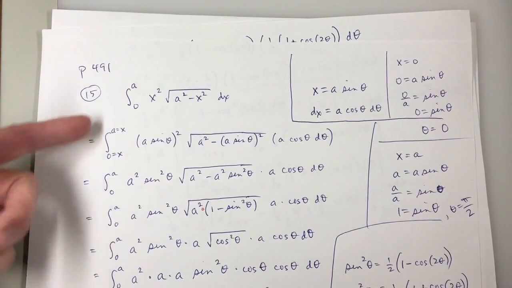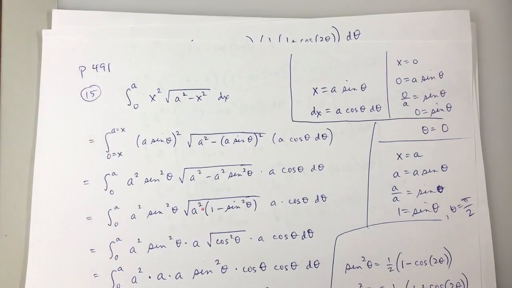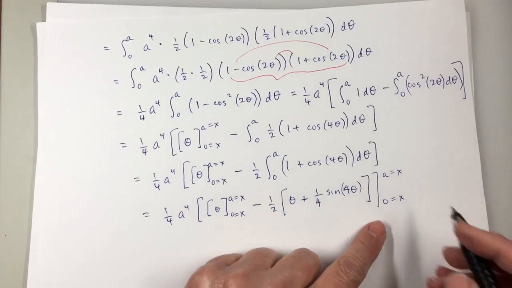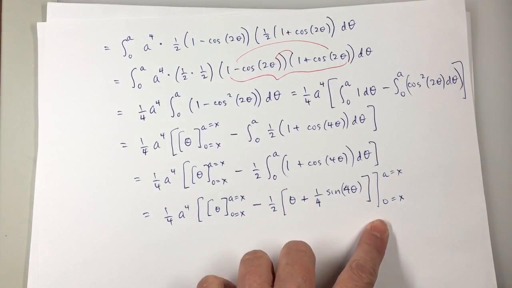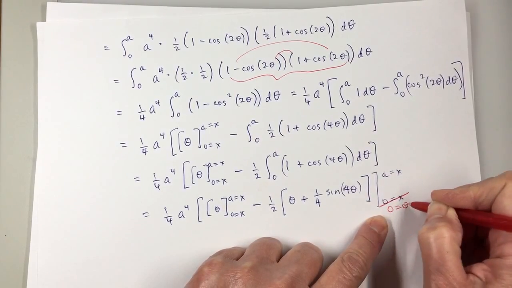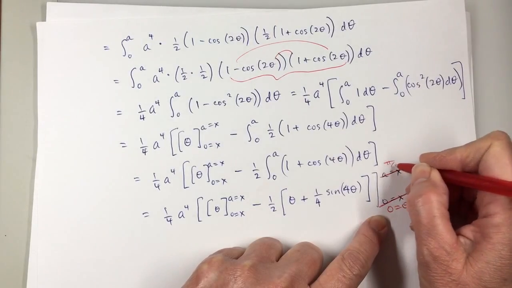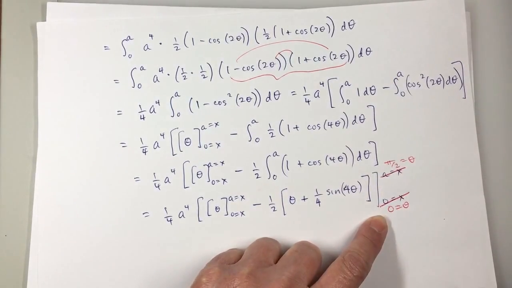So all of this where I said, okay, those are values for x, you know what? Now we're going to make them theta. So back over here, I'm going to put this in red. 0 equals theta, and pi over 2 equals theta.